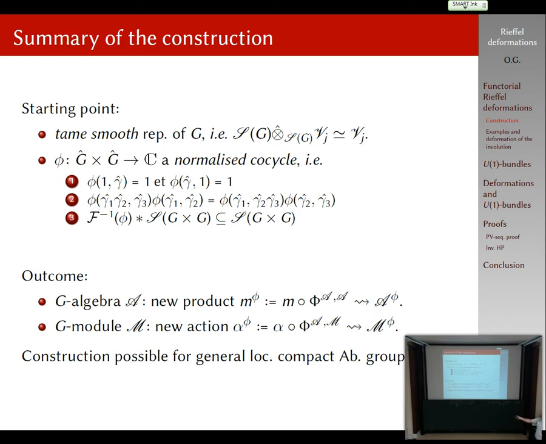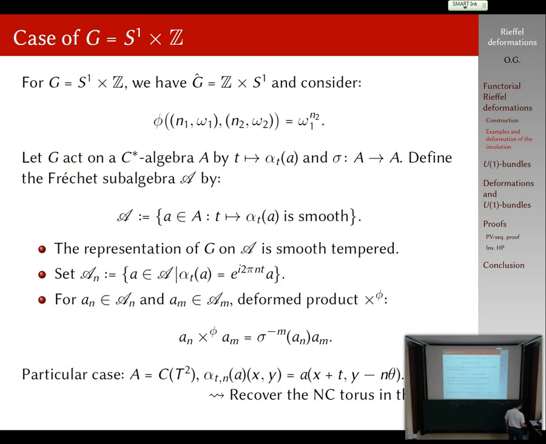And for modules, it's a bit of the same, except that you take another element of the natural transformation. And so this construction, as I said, is also possible for general locally compact abelian groups. In general, you have to make sense of the Schwarz algebra. So basically, except that there is no cross product involved a priori. Yeah, so it's a twisted cross product without cross product.